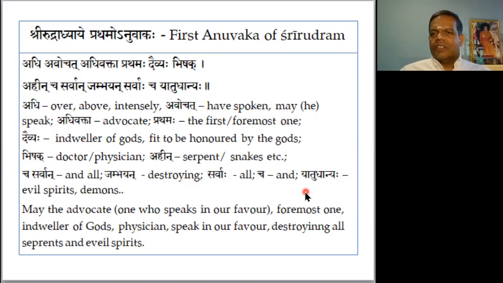So in short, the meaning is, may the advocate, the one who overrules, okay, one who speaks in our favor, foremost one, Pratamaha, Daivyaha, indweller of gods, physician, Bhishak, speak in our favor, Avochat, may he speak in our favor, Adhi Avochat, destroying all serpents.